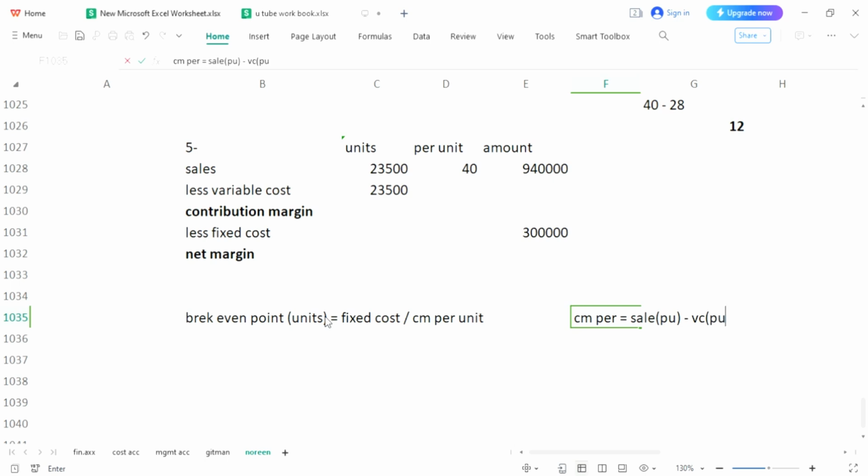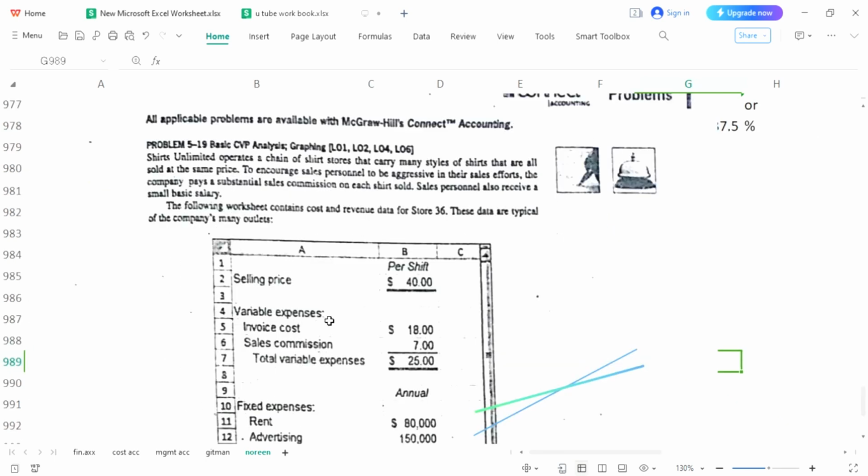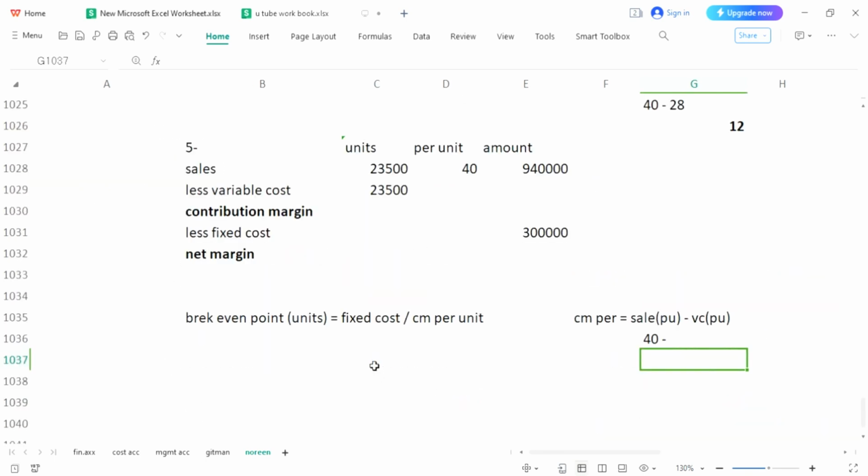Your sale price was 40 and your variable cost was 25. So variable cost was 25, and the amount was 15, your CM per unit.